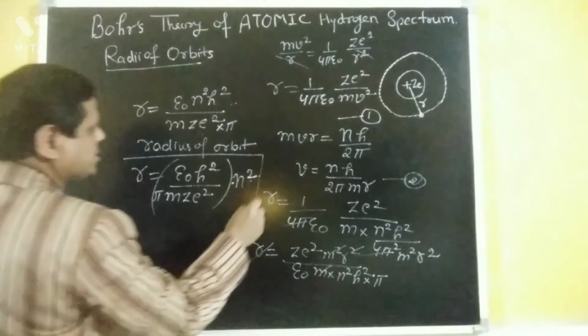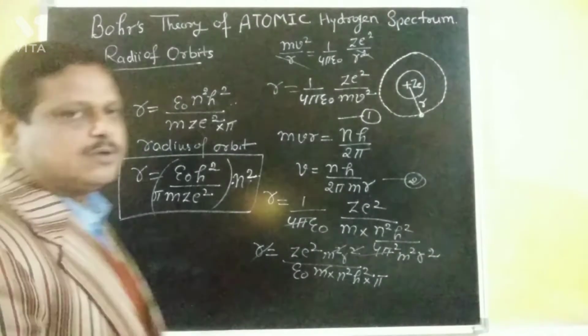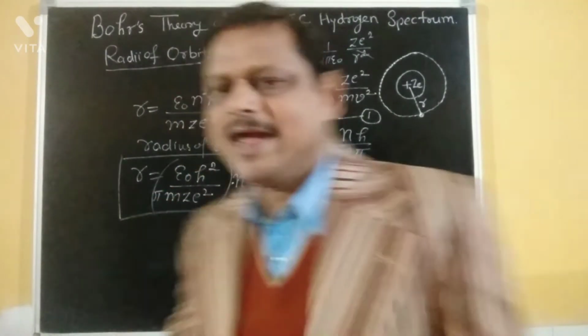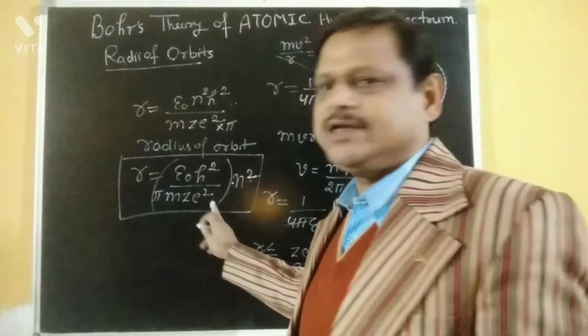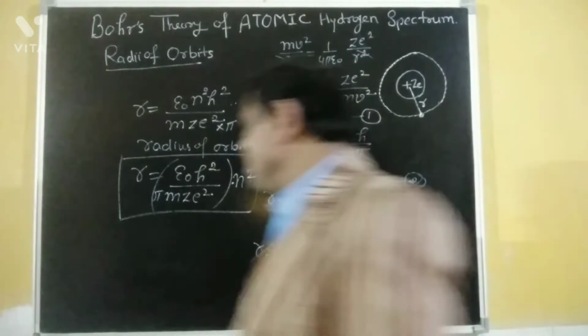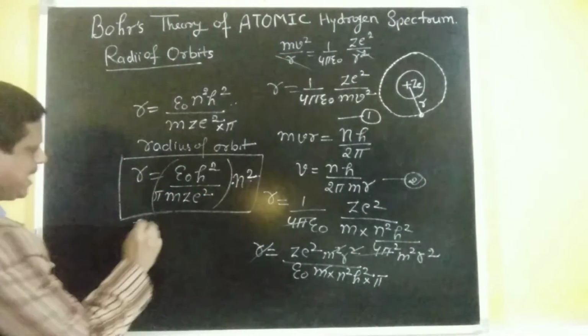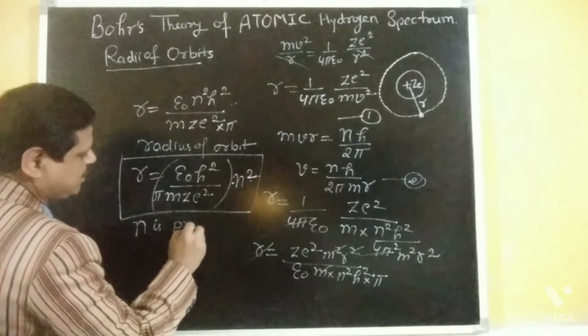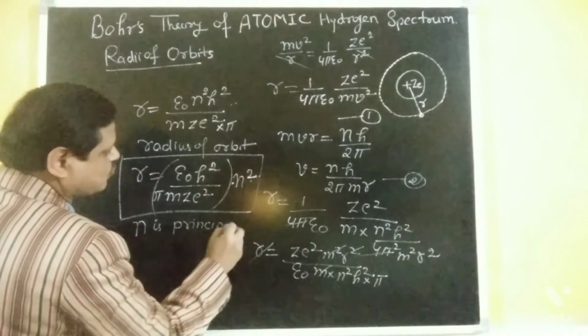This is the radius of the orbit: epsilon naught h square upon pi m z e square, times n square, where n is the principal quantum number.